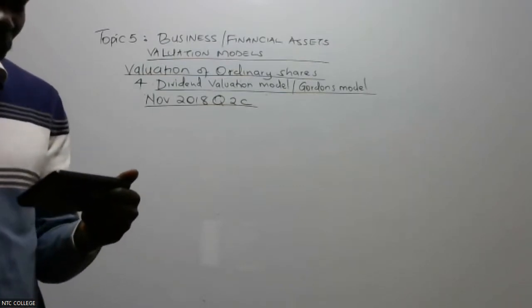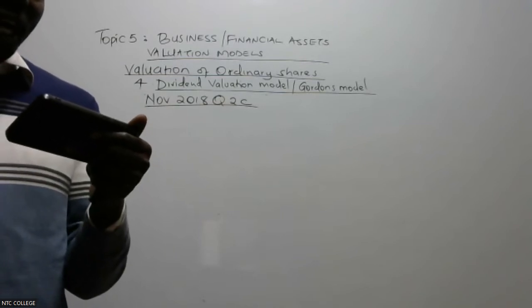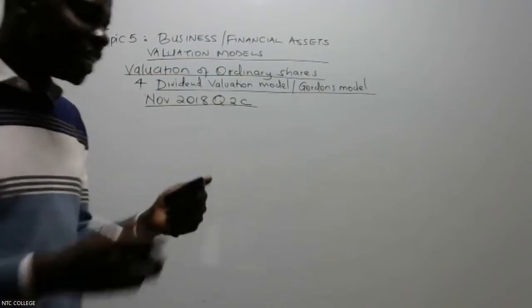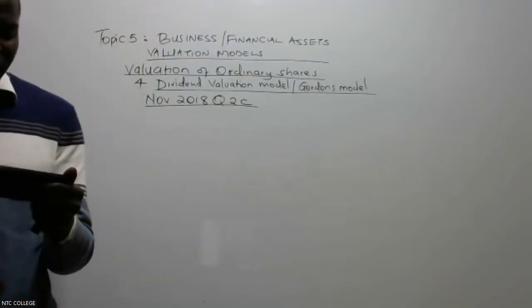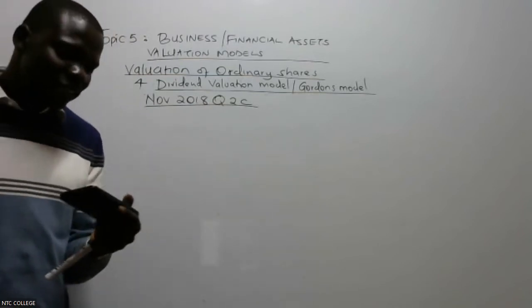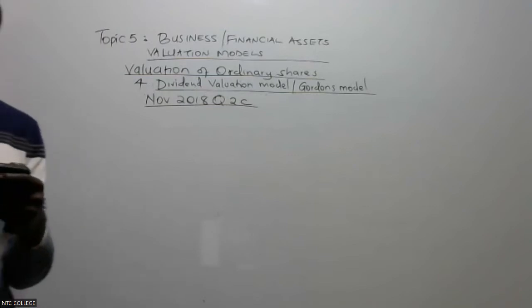November 2018, question 2C, we are told the earnings per share and dividends per share data for Maraba Limited over the last 5 years are provided below. Between 2013 to 2017, we have the respective dividends per share and earnings per share.